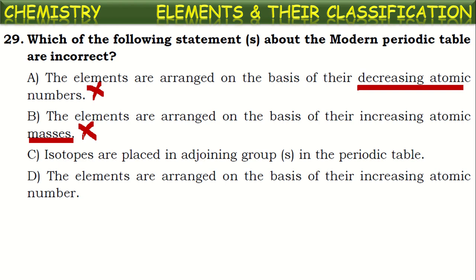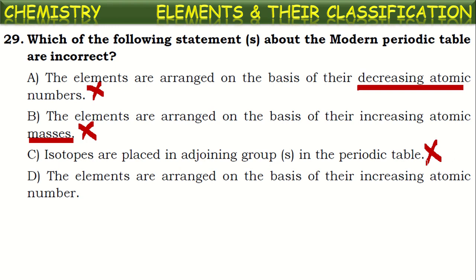They all are given the same position because the modern periodic table is based upon the atomic number, and isotopes are the atoms of an element with the same atomic number but different mass numbers. So as all the isotopes have the same atomic number, they are positioned in the same place in the modern periodic table. It is also an incorrect statement.